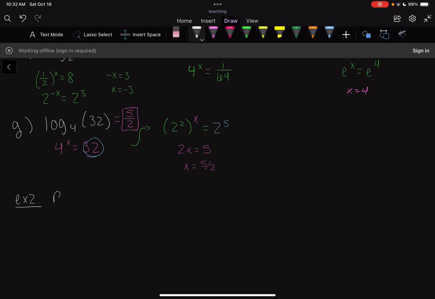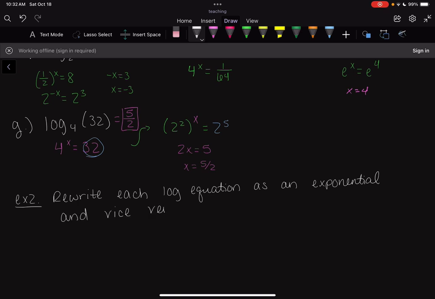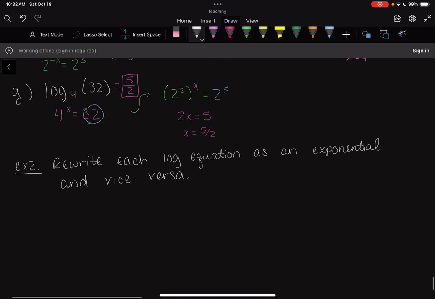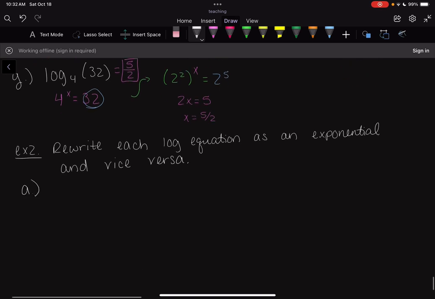So I'm going to say, rewrite each log equation as an exponential and vice versa. I've got a few of these.